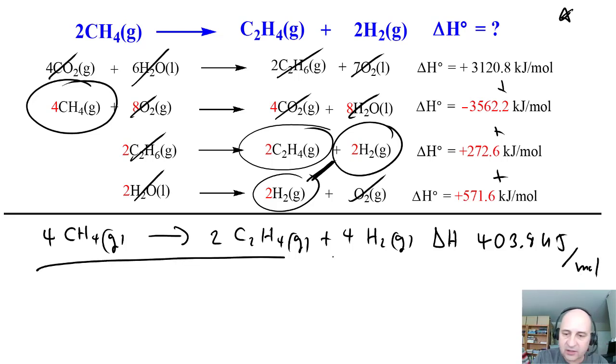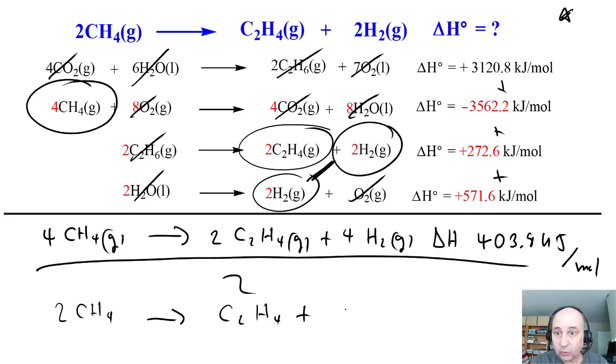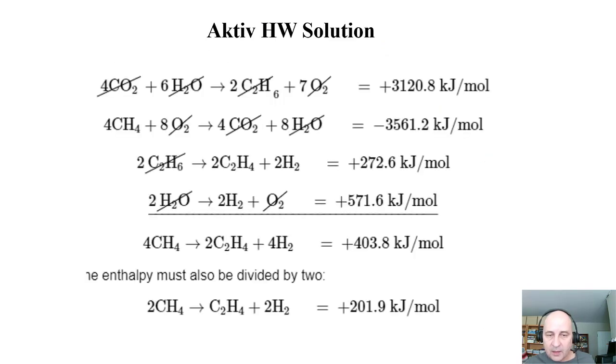Now we can just divide this by 2, and then we end up with 2 CH4 and 1 C2H4 and 2 H2, which matches the reaction above. And so we divide this by 2 as well, and so the answer for ethene is 201.9 kilojoules per mole.